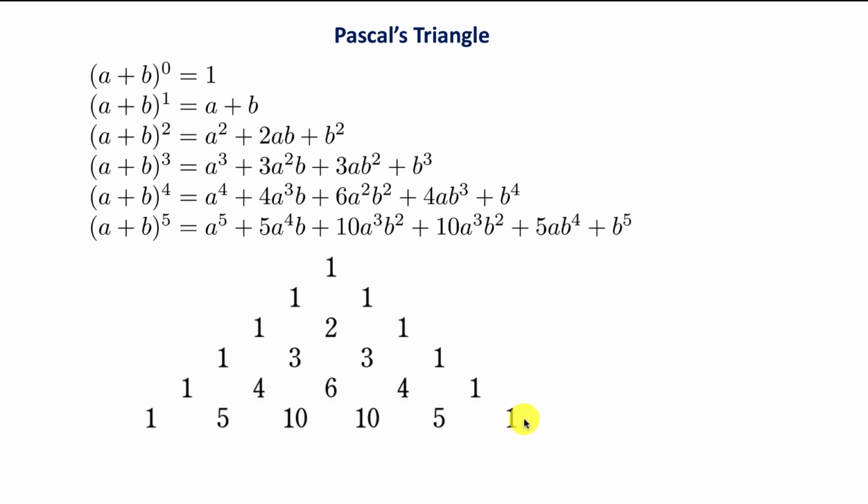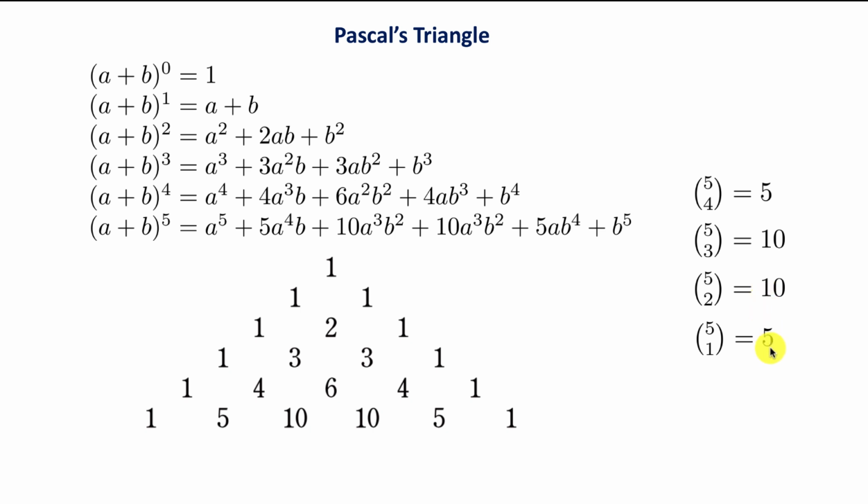Let's take this last row over here, and I'm now going to show you that these are actually the binomial coefficients. 5 choose 4 is 5 factorial over 1 into 4 factorial, that's 5. 5 choose 3 is 5 factorial over 2 factorial into 3 factorial, that's 10. 5 choose 2 is the same, 10. 5 choose 1 is 5.